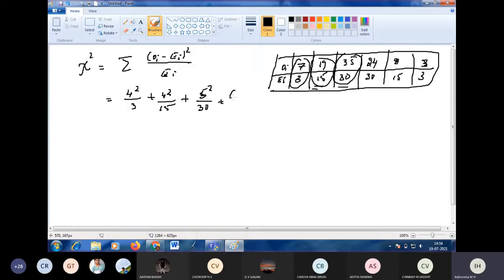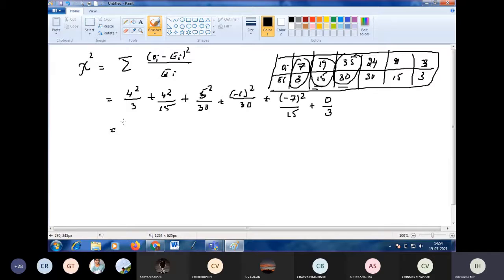That is minus 6. Minus 6 whole square divided by 30, plus next 8 minus 15. What is 8 minus 15? Minus 7 whole square by 15. 3 minus 3, 0 square by 3.